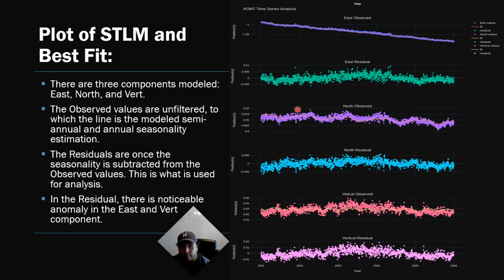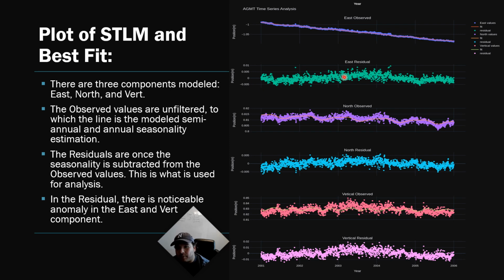But overall these are unfiltered components with the fitted seasonality line to them, which is much easier to see on this vertical component and the north component here. And if you notice on the y-axis, the scale for the observed is different than the residual. Now to get the residual, I subtract this fitted line from the observed, and that will leave me the residual here, which you can see now the median value is hovering around 0, which is what we want.